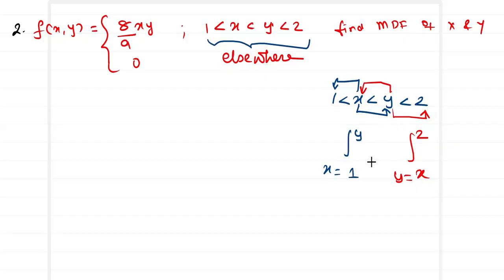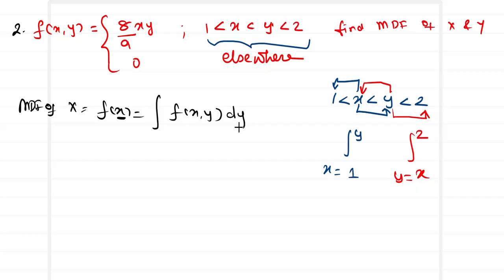So if we keep this in mind, then the problem is going to be much similar to the one we have already seen in the first problem. We will find the marginal density function of the random variable x, which is f of x. So integral of f of x comma y, integrated with respect to the opposite pole, which is y. Now I know that y varies between x and 2.